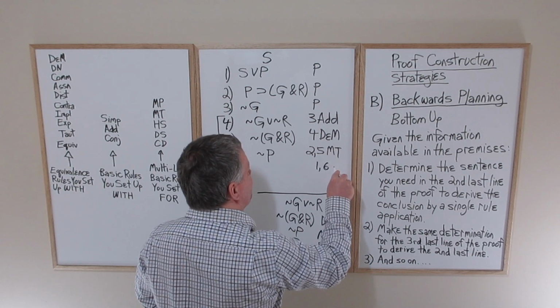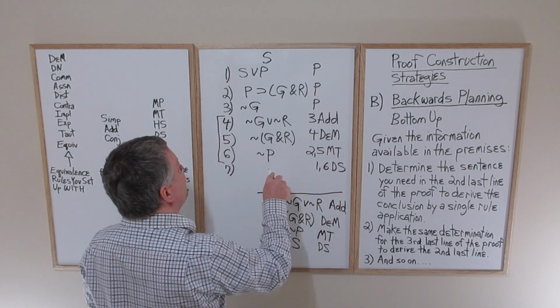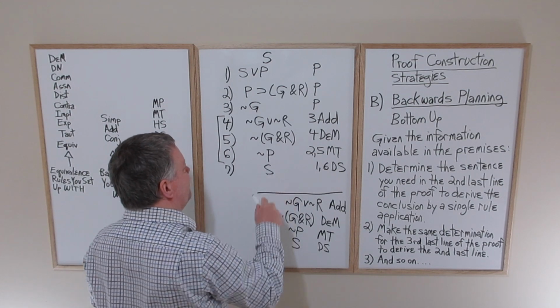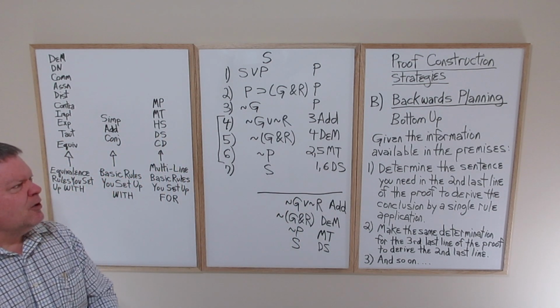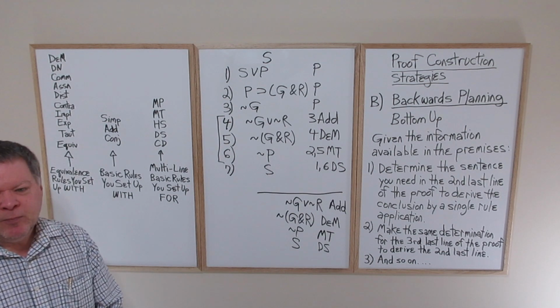1, 6, disjunctive syllogism, which gives us S. So, very useful kind of strategy.